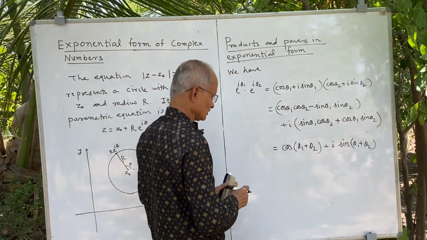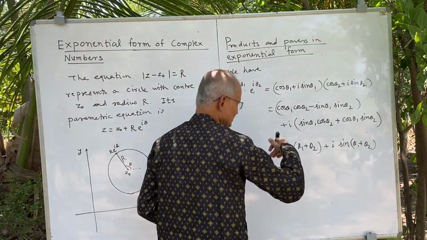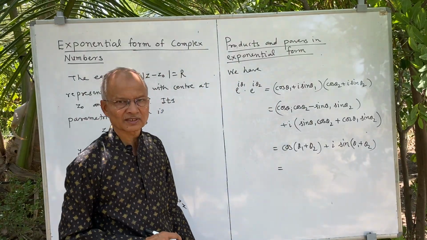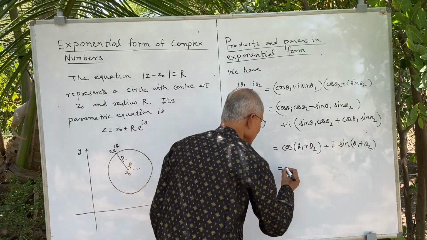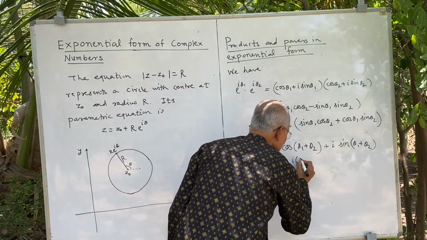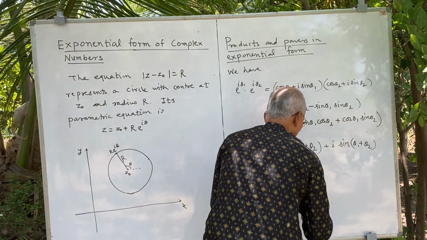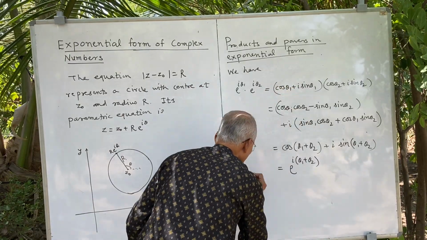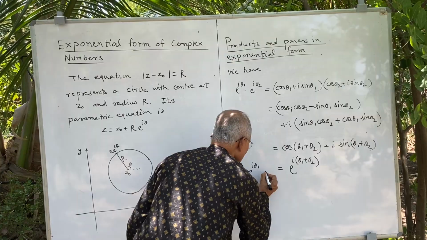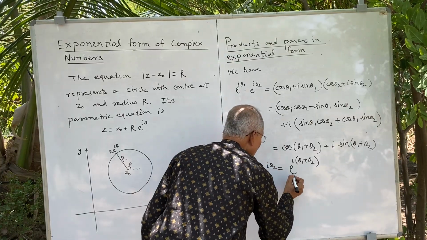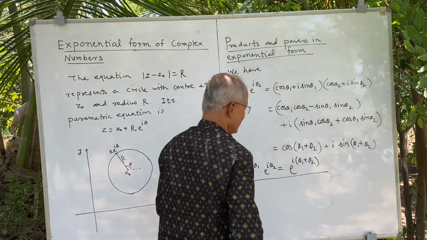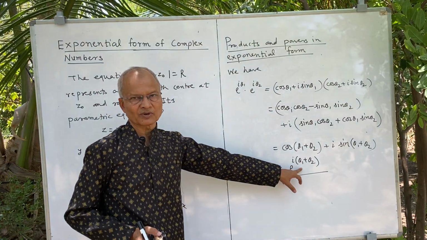And thus we have, again expressing this in exponential form using the same Euler formula, e power i times theta 1 plus theta 2. And thus on the left side we have e power i theta 1 into e power i theta 2, and this is equal to e power i theta 1 plus theta 2.